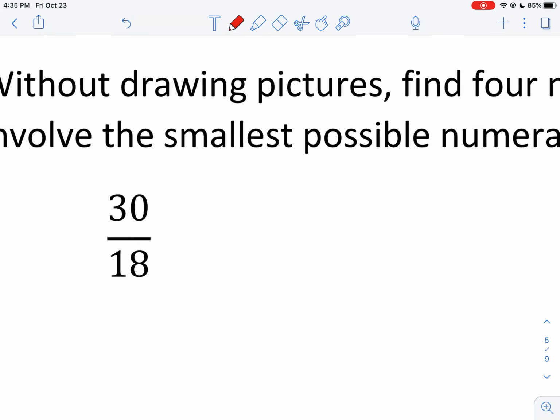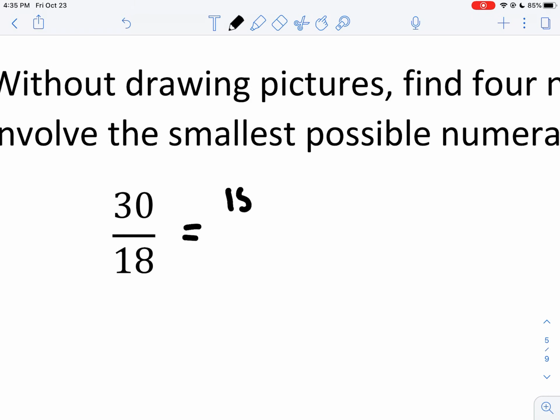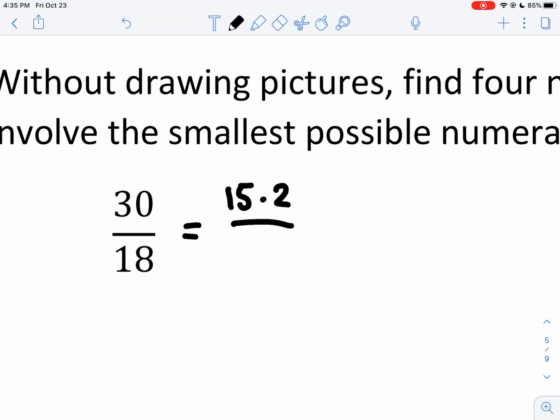All right, so I'm going to start breaking this down. The formal process looks something like this. You do factoring. So I can recognize that 30 is 15 times 2, and put that over 18, factored into 9 times 2, and then you can effectively ignore those 2's.